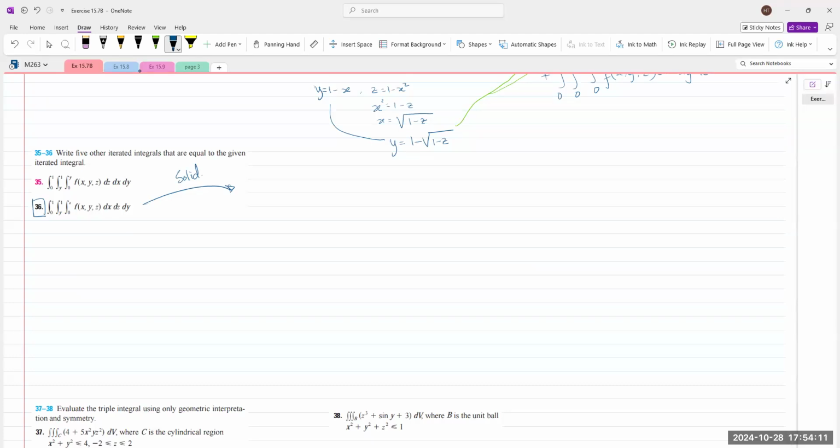Okay, let's see first. The outer 2 integrals dz dy: y is from 0 to 1, and z is from y to 1. And then x will be from x equals 0 to x equals z.